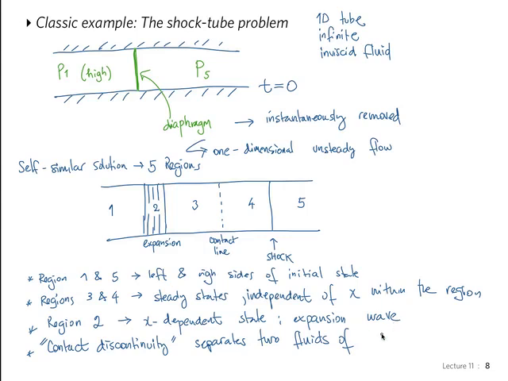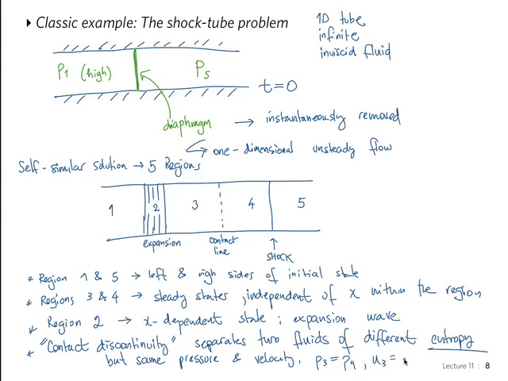Of course, this contact line is moving. So P3 equals P4, U3 is equal to U4.